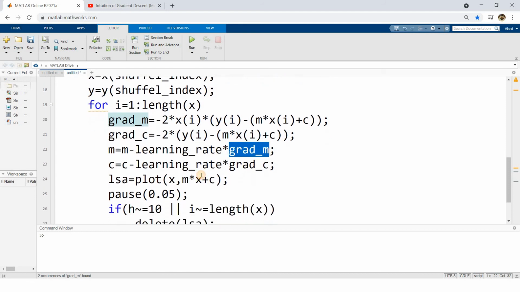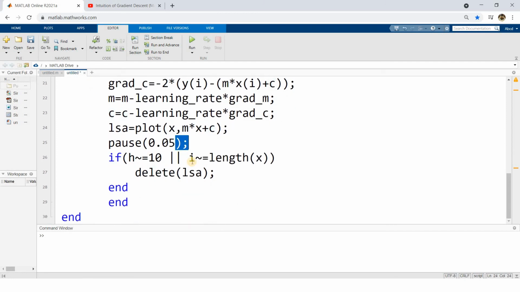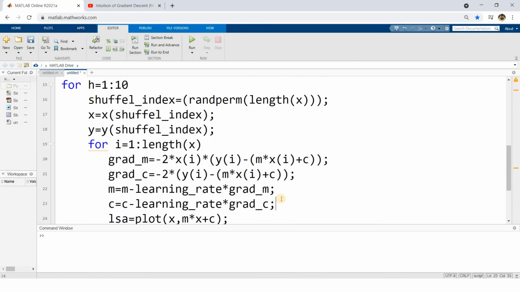Then we are plotting. This plot is with respect to the current m and c values, and then making one pause. Then I am deleting the fitted line if it is not the final round of iteration. So here we are not taking the overall data.